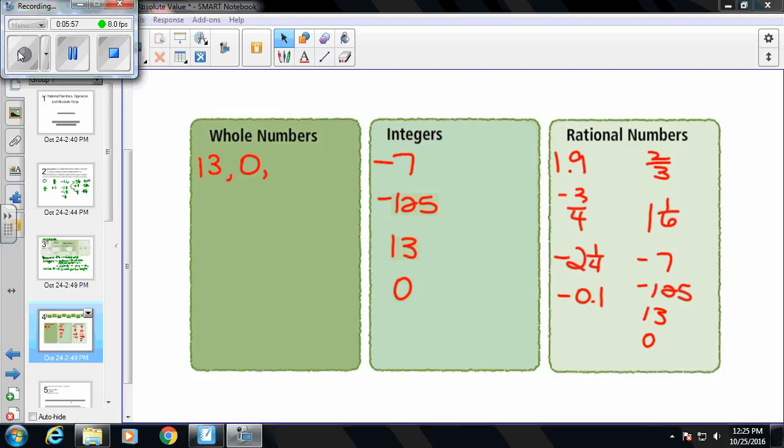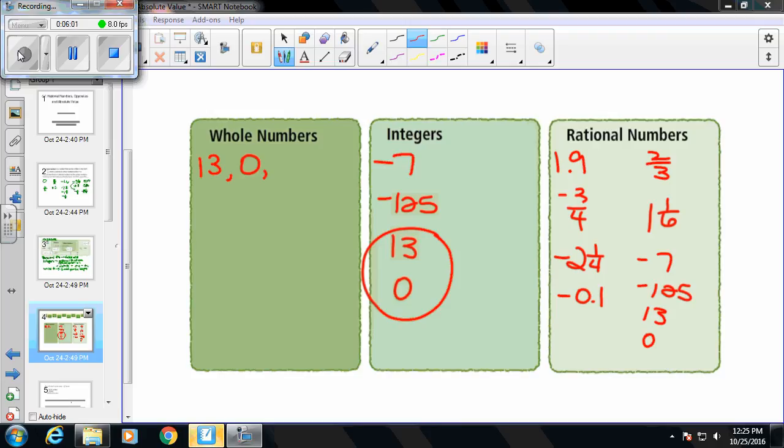Now, if we wanted to say which would be the most appropriate way to classify these, I would not include 13 here in my integers. 13 is more specifically a whole number, okay? And negative 7 is a rational number, but it'd be better to classify it as an integer, okay? Just to make that clarification.